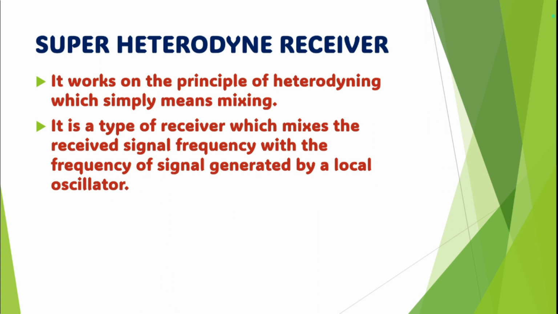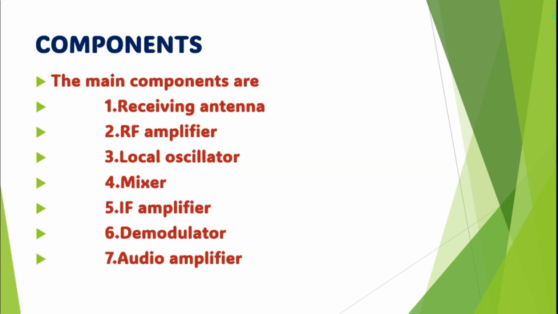Let's start. Here are the components of a superheterodyne radio receiver. First is the receiving antenna, then RF amplifier, local oscillator, mixer, IF amplifier, where IF means intermediate frequency, demodulator, and the last one is the audio amplifier.